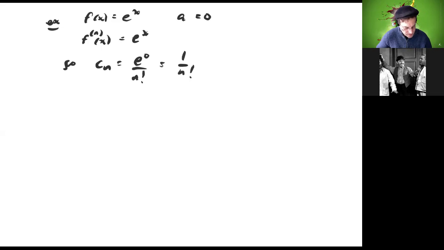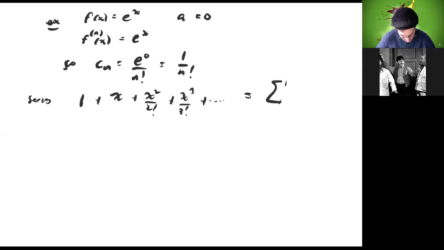And therefore, the series is 1 plus x over 1 factorial plus x squared over 2 factorial plus x cubed over 3 factorial, and so on. So in other words, the power series is the summation, n goes from 0 to infinity of x to the n over n factorial.